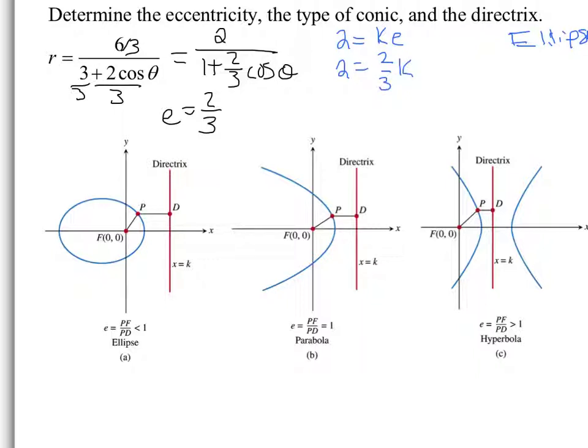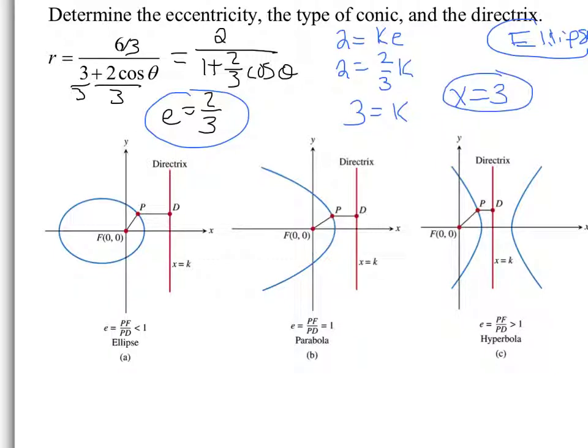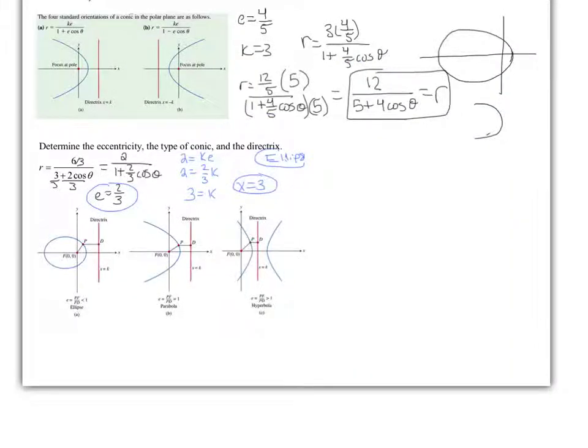So multiply by the reciprocal and you get k equals 3. So it's an ellipse. The eccentricity is 2/3, and the directrix is x equals 3. Okay? So I will see you guys tomorrow.